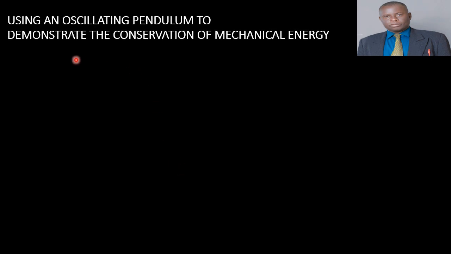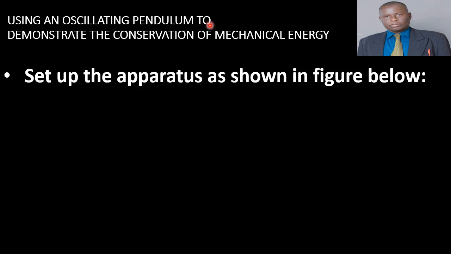So using an example of an oscillating pendulum, we can demonstrate the law of conservation of mechanical energy. All right, so we can show the principle or the law of conservation of mechanical energy by a simple oscillating pendulum. The procedure is simple and straightforward.